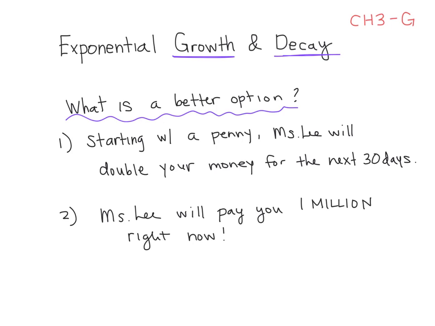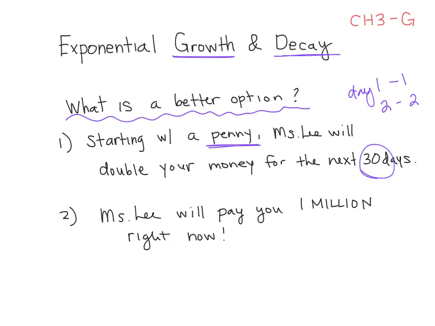You will discuss the scenarios with your classmates in our discussion board after watching this video. First option is starting with a penny. Miss Lee will double your money for the next 30 days. So on day 1, you'll start with 1 penny. And then on day 2, you have 2 pennies.